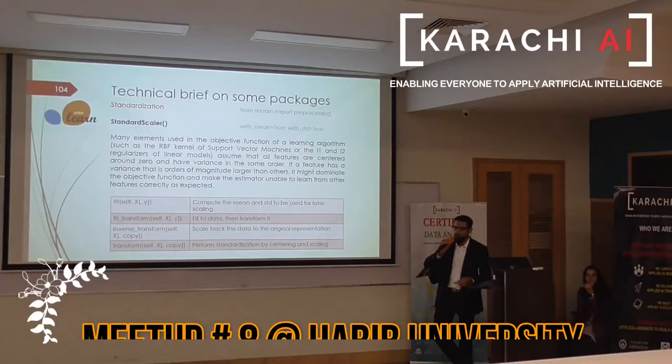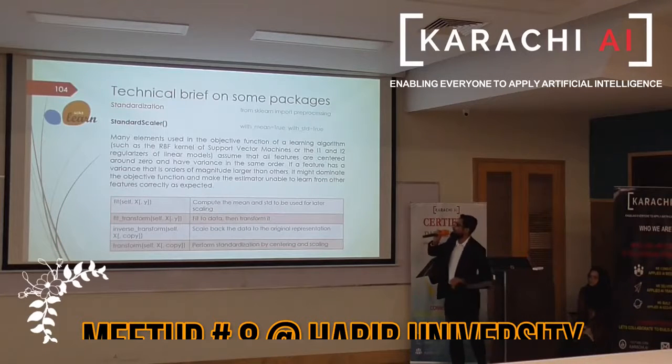You can do both of them together as well, fit and transform, using fit_transform. And you can revert back as well. If you have transformed the data and you want to revert back to the original raw data that you used, you can do that using the inverse_transform method.